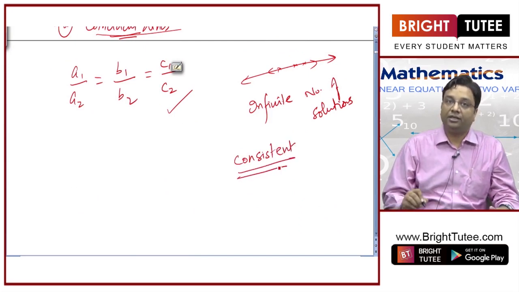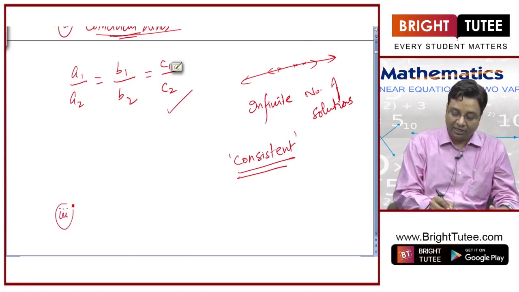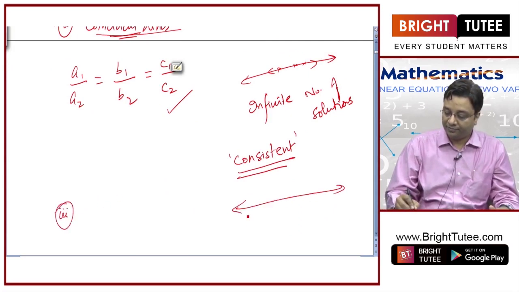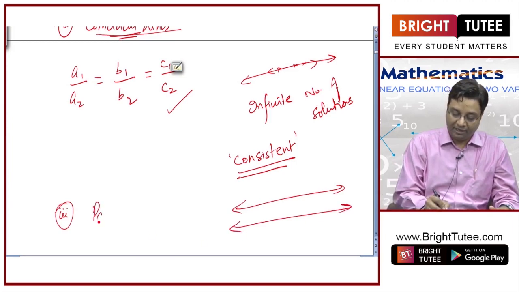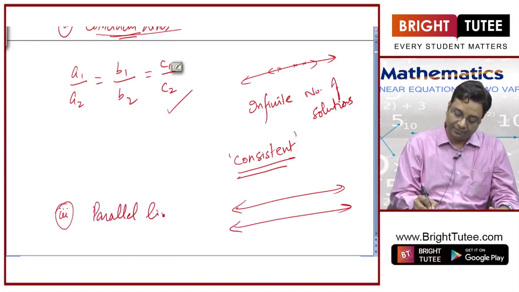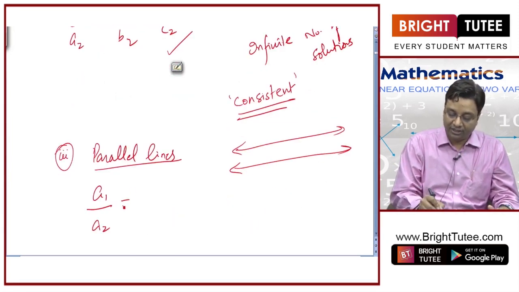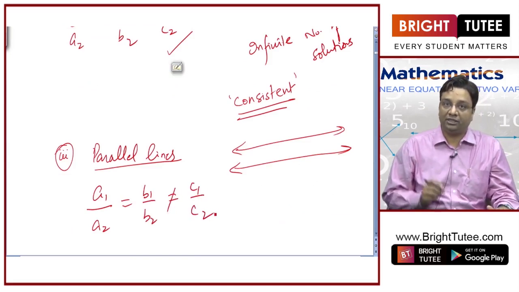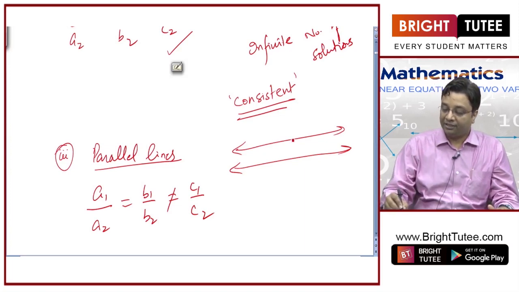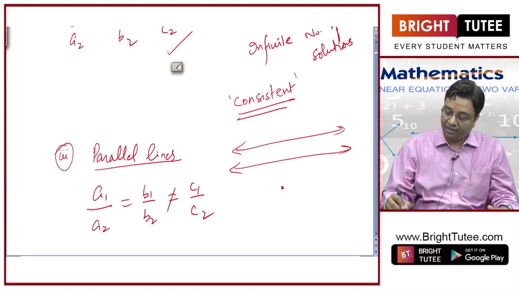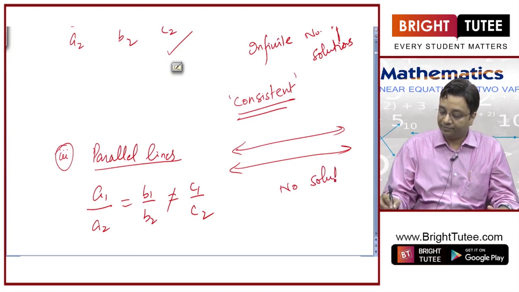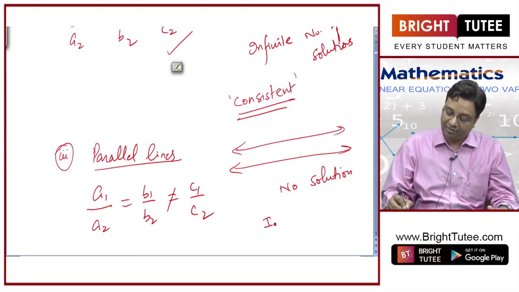consistent. Why? Because we still have a solution. And when we do not have a common point between two lines, these two lines are parallel lines. In terms of ratios of coefficients, a1 by a2 is equal to b1 by b2, but it is not equal to c1 by c2. Such lines are parallel lines. These do not have any common point, so no solution. And such pair of linear equations is inconsistent.